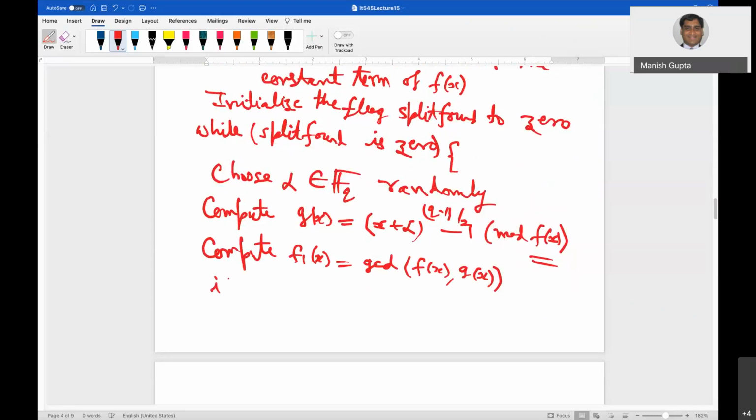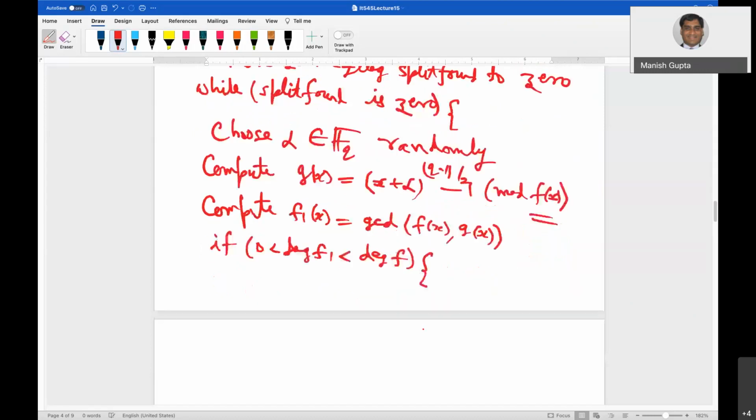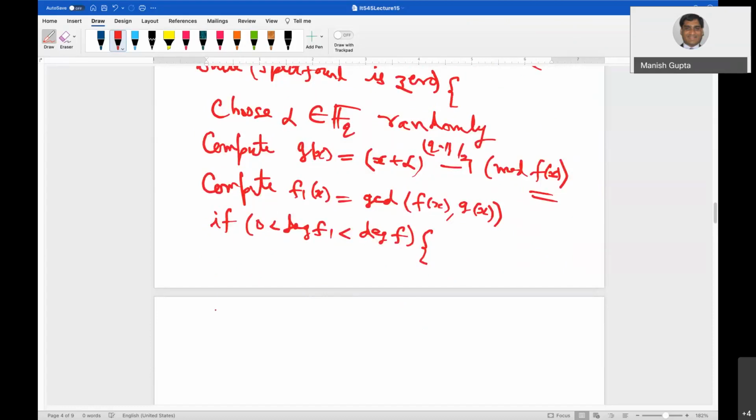Okay, if the degree of f1 is positive and less than the degree of f, what we do? Set split found to 1.